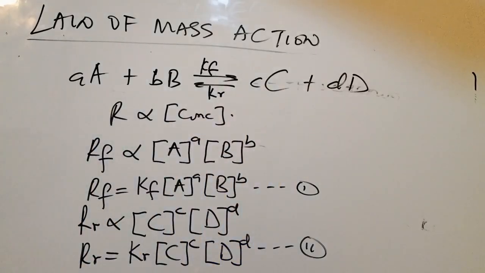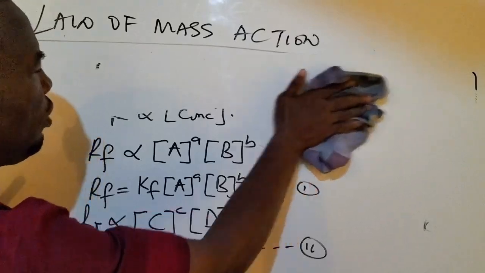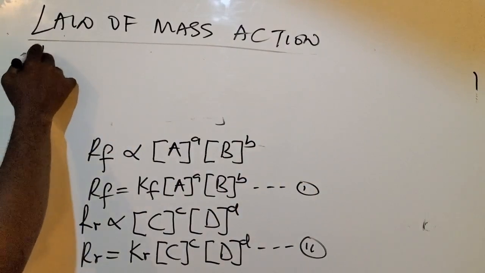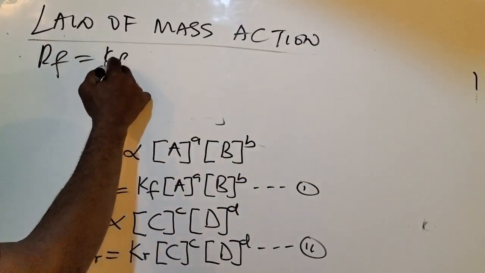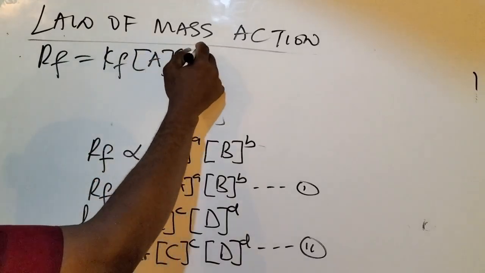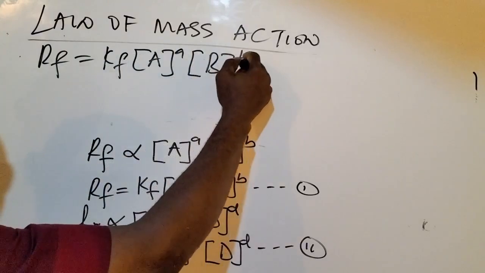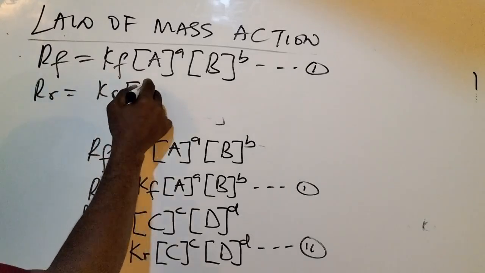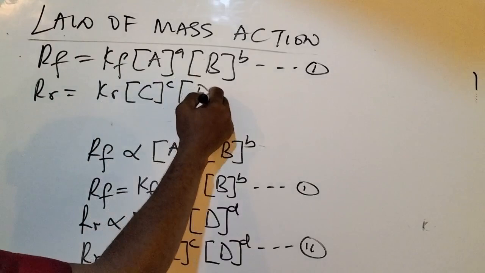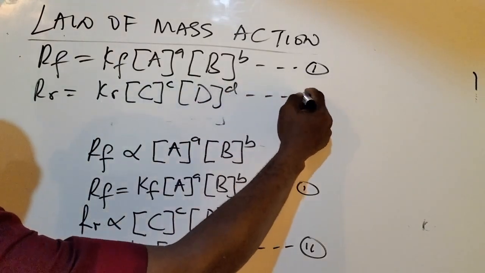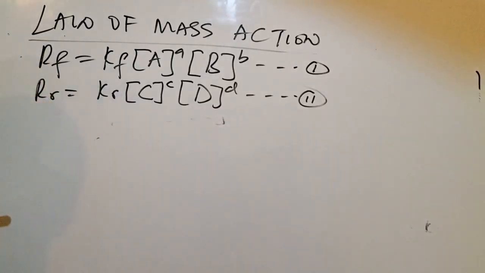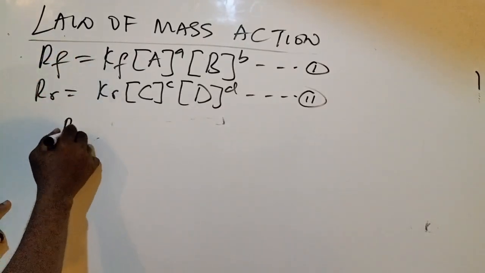So having done that, now we'll divide equation 1 by 2, that means divide RF by RR. So let's write it up. Equation 1 is Kf A to the power a, B to the power b. Equation 2 is RR equal to Kr, C to the power c, and D to the power d.